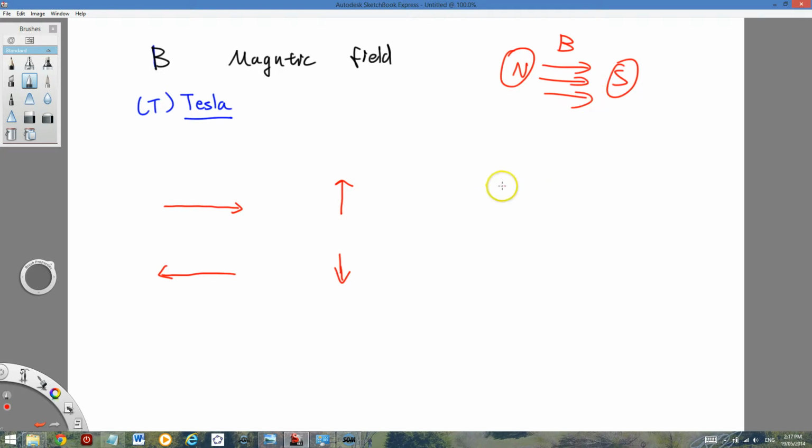However, sometimes I may write down something like this. A circle with a dot, that means out of page. Also a circle with a cross, that means into the page.